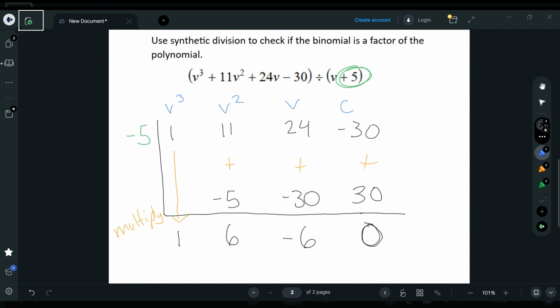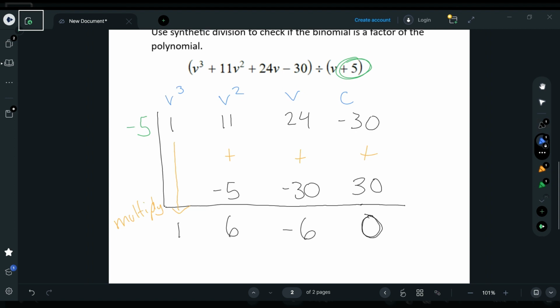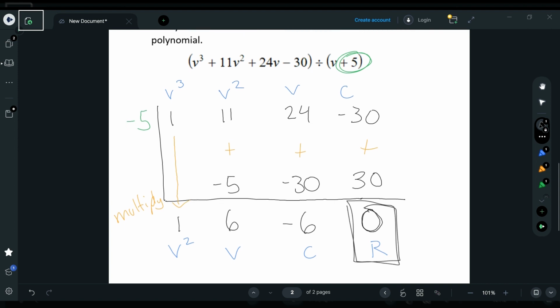Well, remember here, these numbers down here are the coefficients of our answer to this division. Now, this is v to the power 3, so drop it by 1, v to the power 2. And this is v, this is our constant term. This is our remainder. And this is what we really want to focus in on to answer this question. Check if it's a factor.